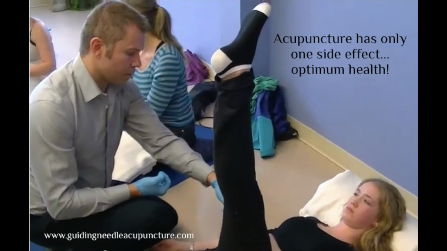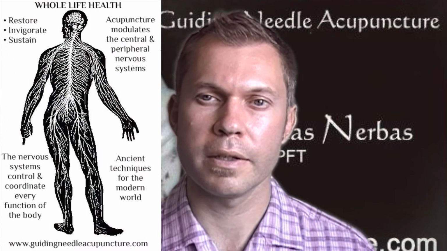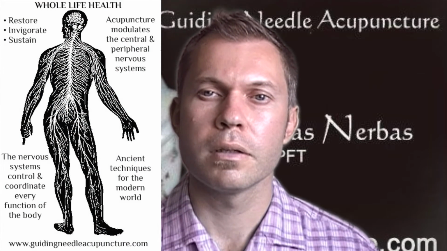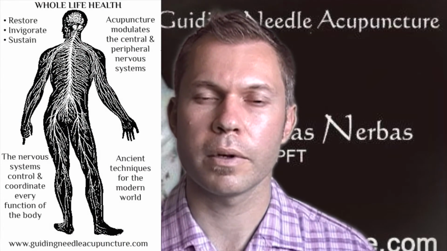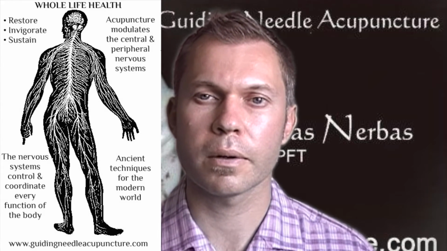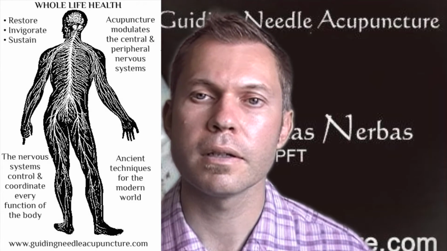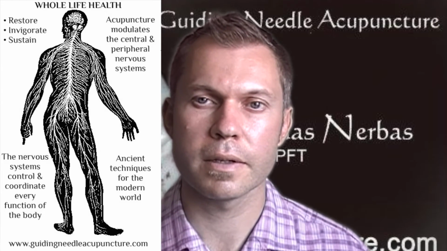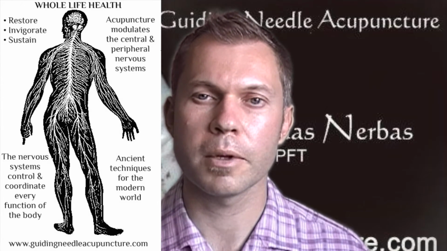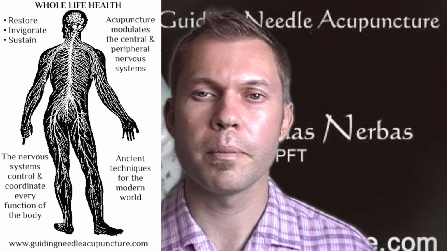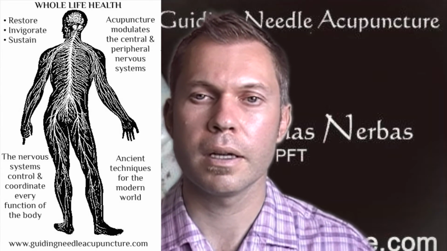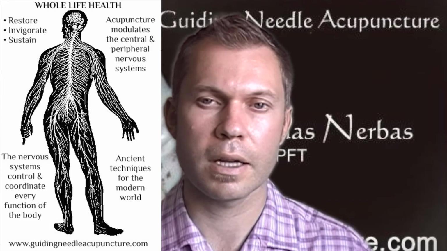What I like to do with acupuncture is modulate the peripheral and central nervous systems to enhance the organ functions, to enhance the endocrine functions. The body is designed to self-heal and regulate. So given the proper stimulus, it will balance itself out and release the tension and eliminate the stagnation.